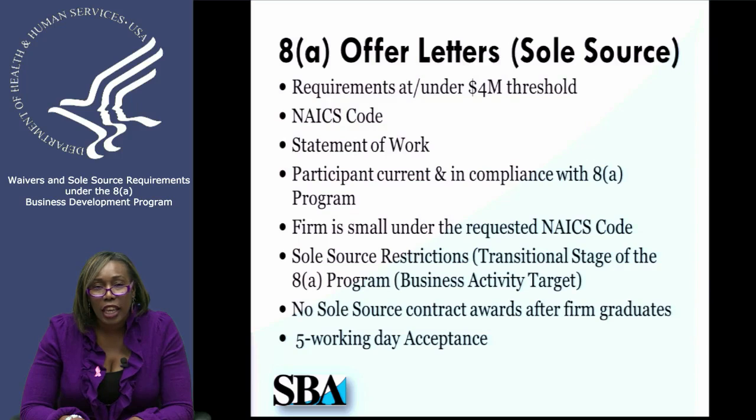With that said, if our firms do not meet the 15% in the 5th year or the 25% in the 6th year of the program, 35% in the 7th year, 45% in the 8th year, nor the 55% in the 9th year of the program in the competitive non-8A world, we will, what we call, put the firm on sole source restriction.